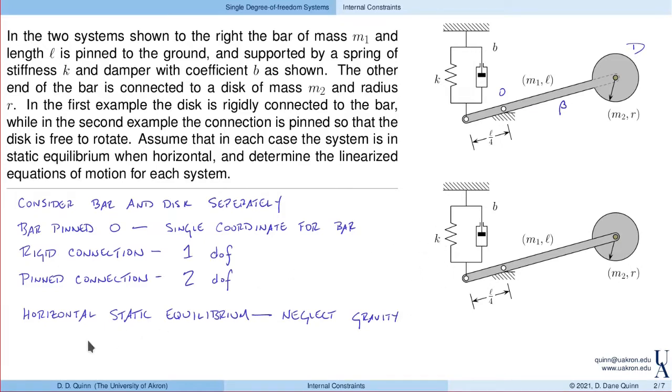So in this case, the gravitational moment cancels out the static displacement in the spring. In particular, it cancels out the moment due to the static displacement of the spring.